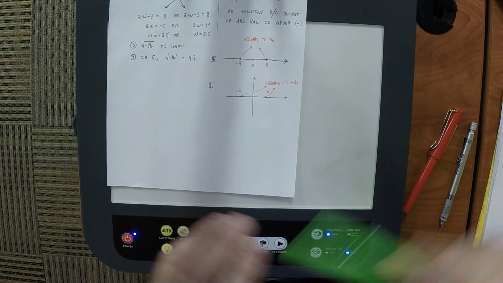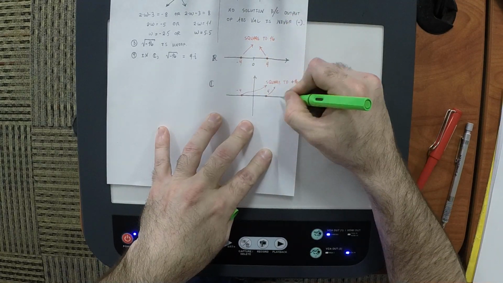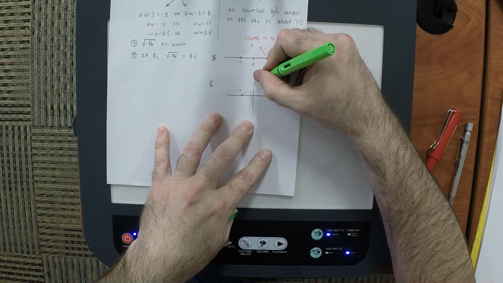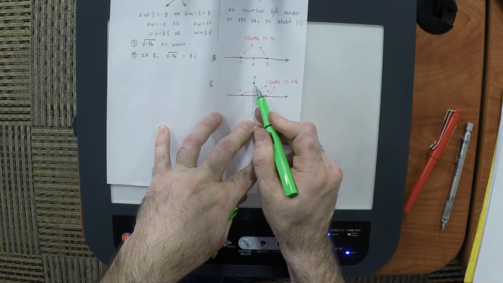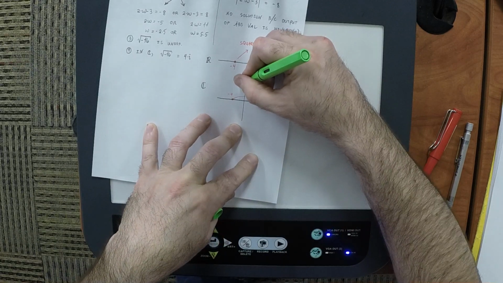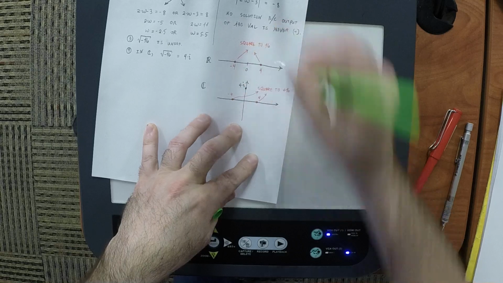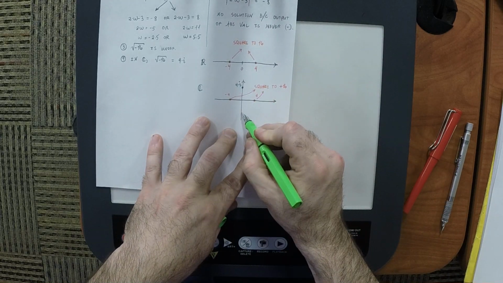Now, if that's 4 right there on the real axis, then what's that? 4i. This one is 4i. And what's this one?